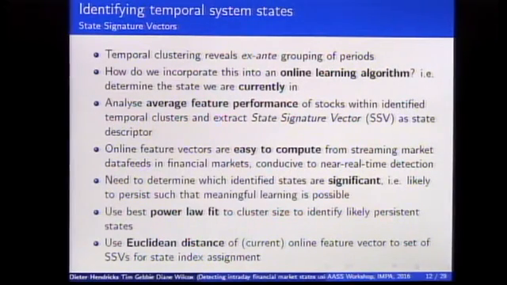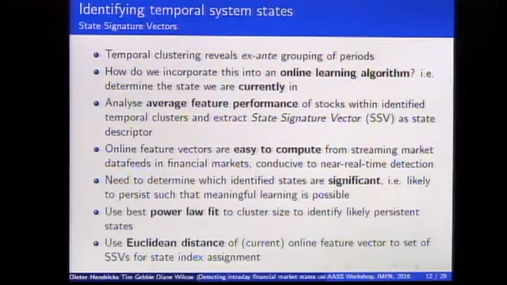So we propose this approach, which is a very basic, simple first stab, but the concept still holds, we think. We take the identified states and try to extract from each of those states what we call a state signature vector, which is some sort of signature of market activity which we can measure online.